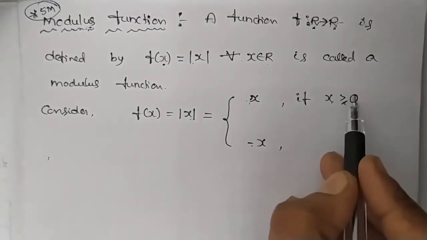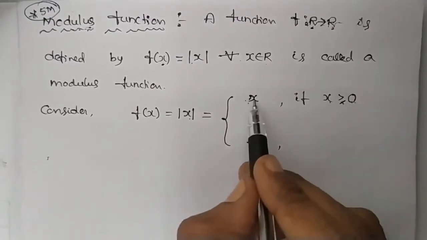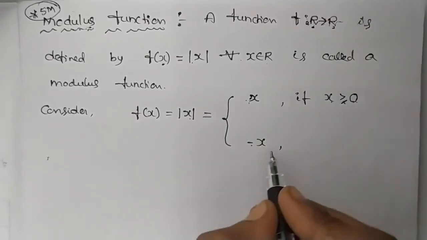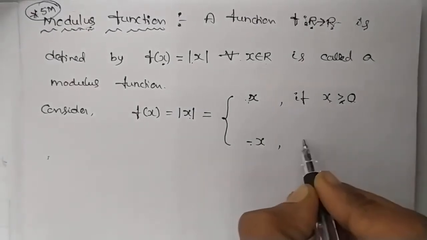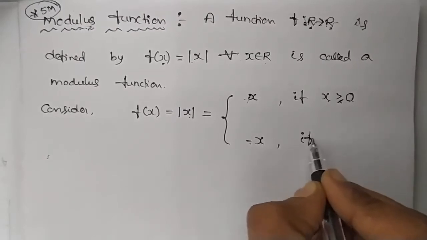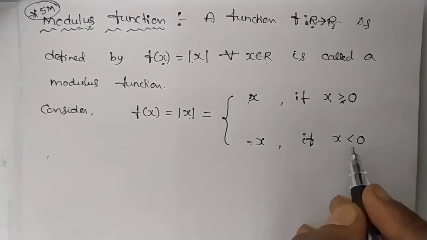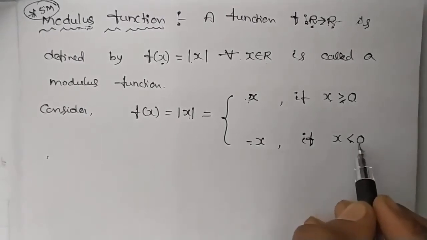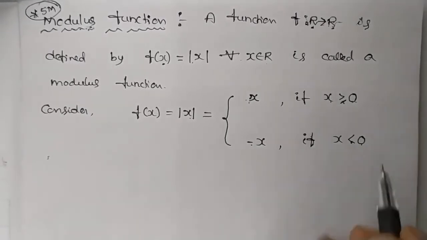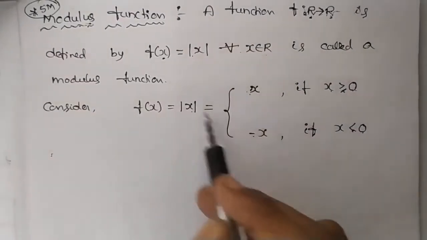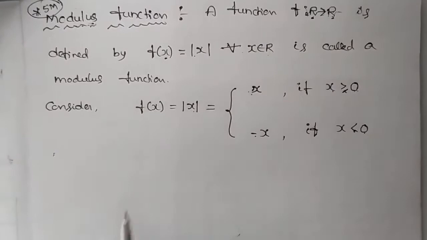Including 0 and more than 0, we will get plus x, I mean the positive values of x. Now it is negative, minus x, when x is less than 0. This represents the lesser values of 0. Hence it is the definition for this modulus function.